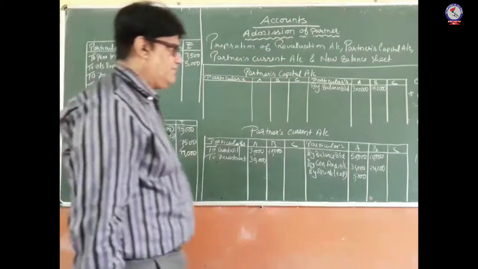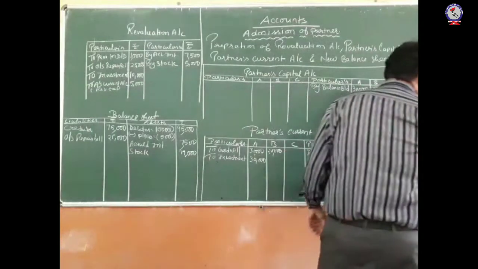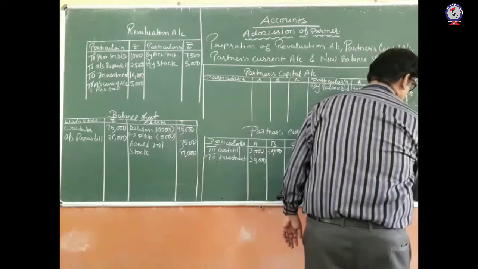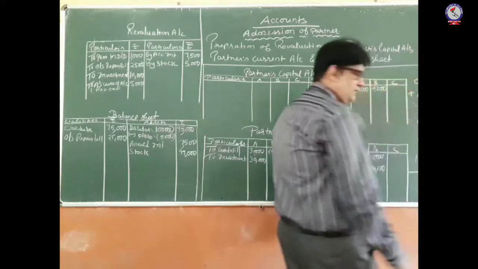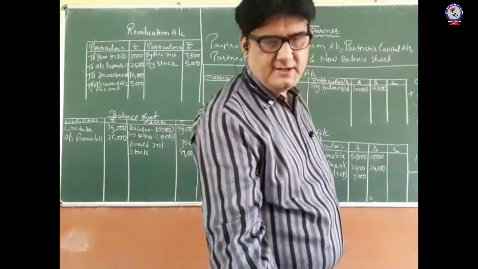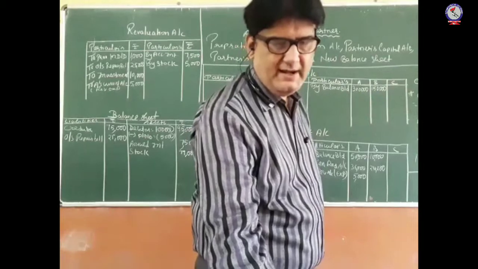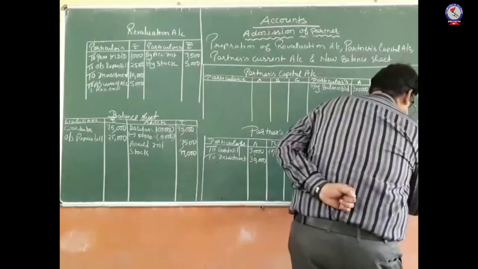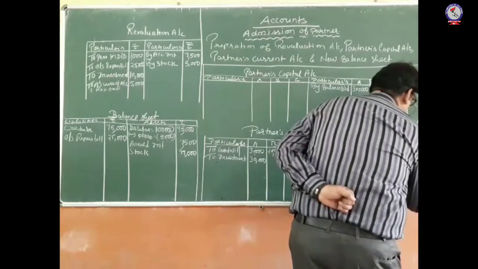So the amount of goodwill will be based on the average profit of the last 3 years. The last 3 years' profit was 1,50,000, 130 and 125. So we have to find out the average profit first.